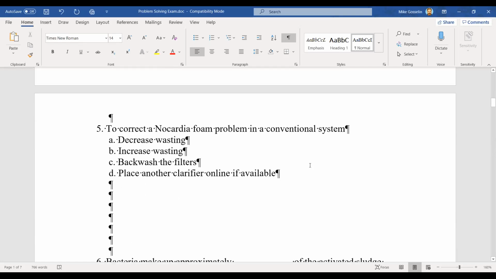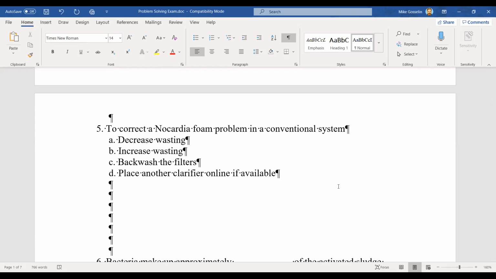So this one: to correct a Nocardia foam problem in a conventional system, what would you do? I don't think we touched specifically on Nocardia foam. There are a lot of things that we may or may not have specifically hit on.